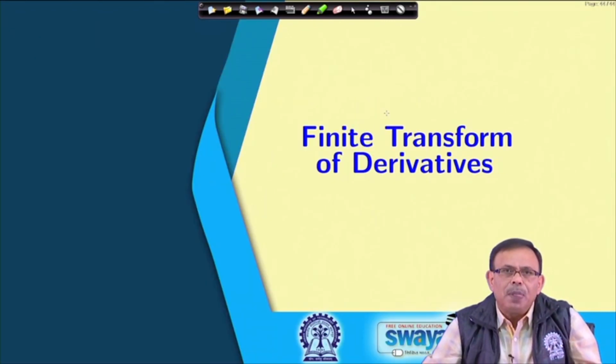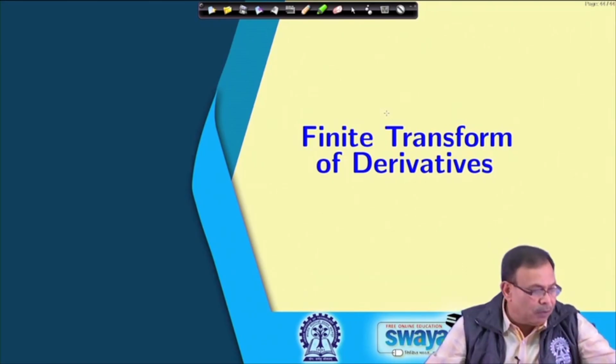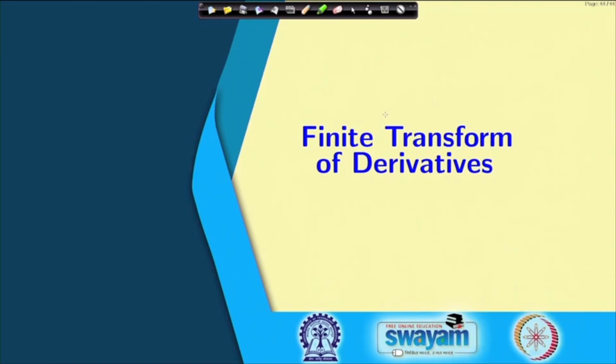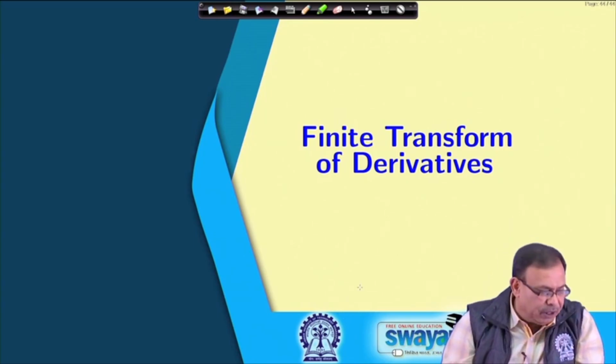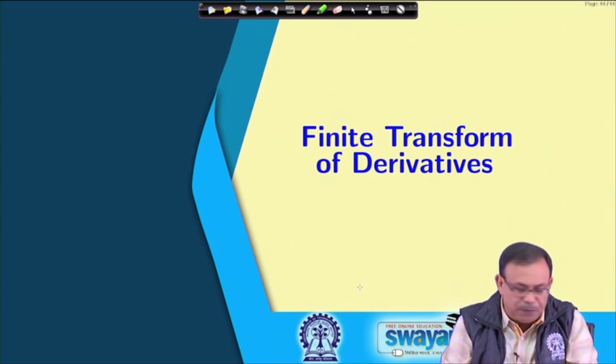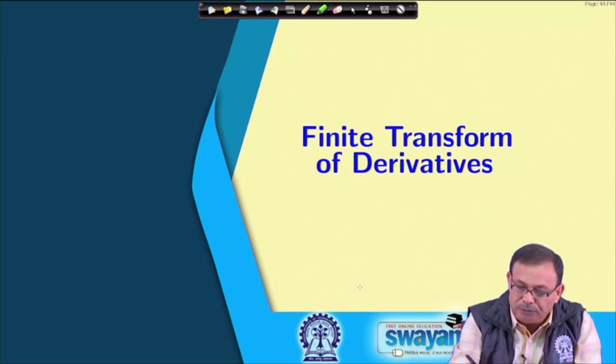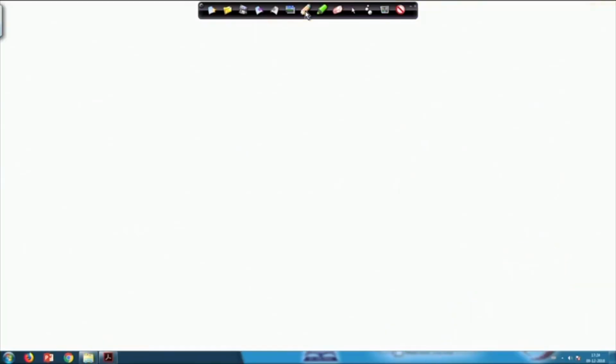Now, let us see the finite transform of derivatives. Whenever we want to find the solution of second order ODEs, I have to find the finite transform of derivatives. So, for the finite transform of derivatives, the function f(x,t) is there, x lies between 0 to L I am assuming, and t is greater than 0.